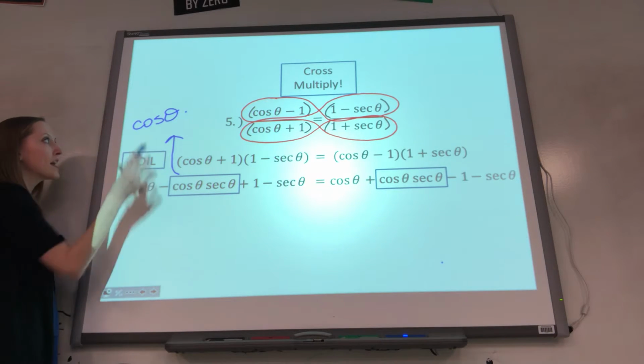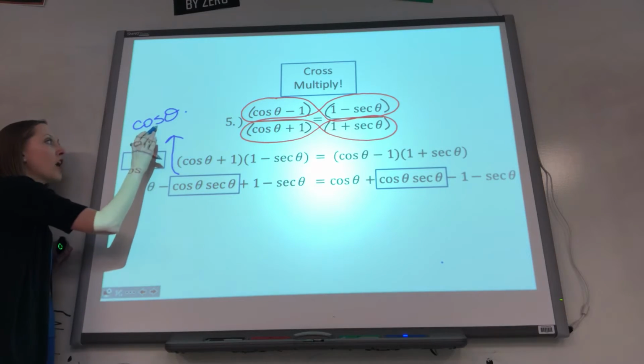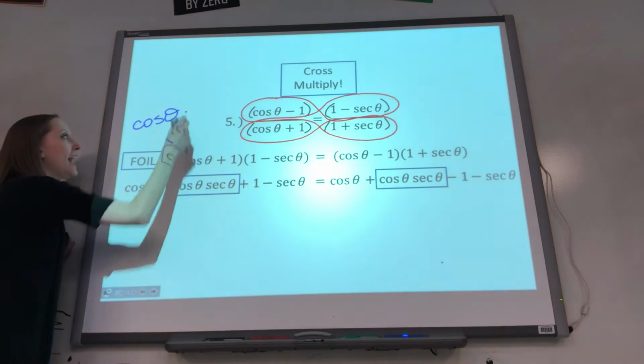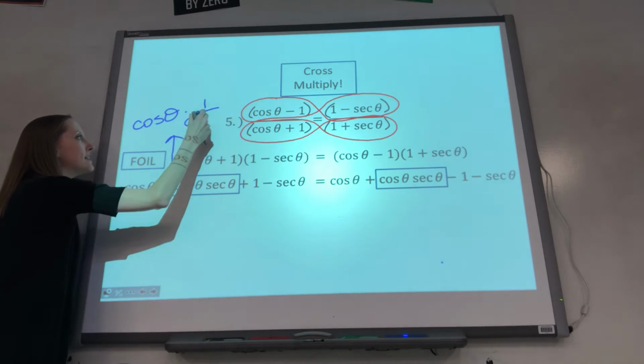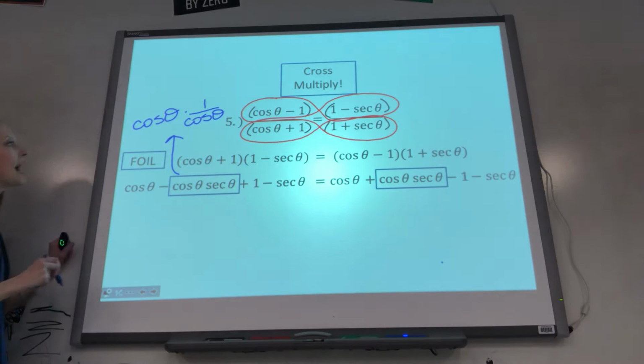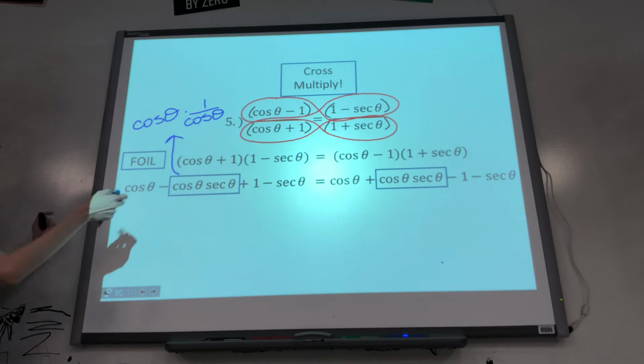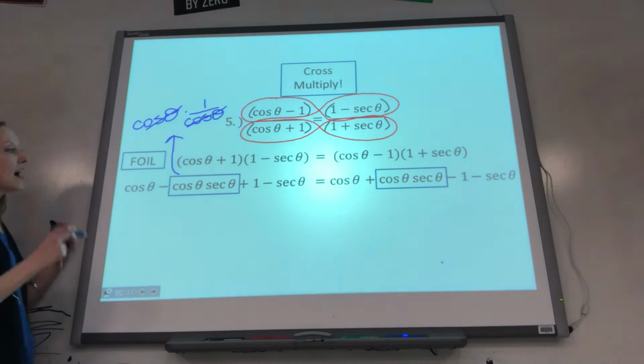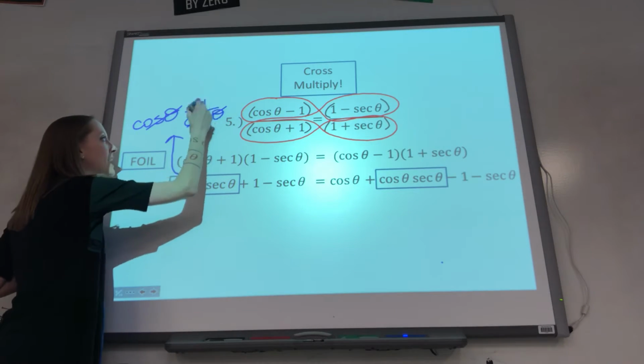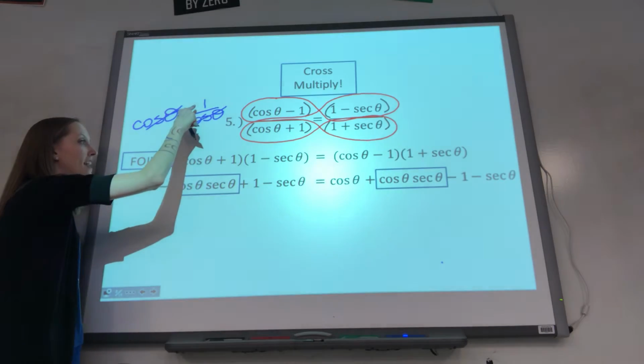Let me come up here for just a second and show you how these can be simplified. If you, for example, leave cosine of theta and rewrite secant as 1 over cosine of theta, or you could have done this the other way, the cosines drop out and you just get 1.